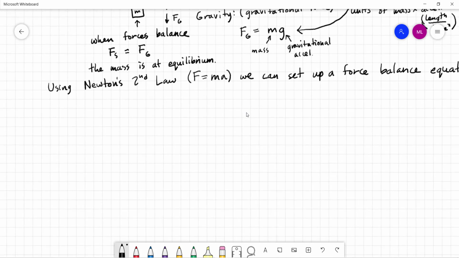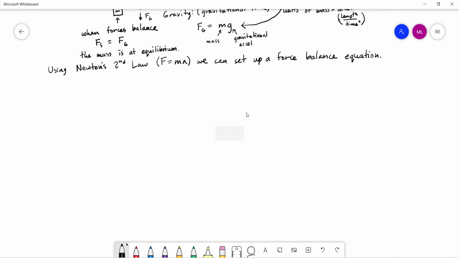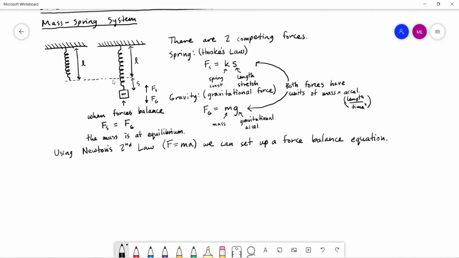Imagine that we want to take the mass that we had up here and we want to stretch it even further and then let go of it. What would happen if we were to take this mass, stretch it down, and let go? Well, at that point, we will have pulled the spring, stretched it out even longer. And by stretching the spring here, what will happen is that this force here of the spring force will outweigh the force due to gravity.